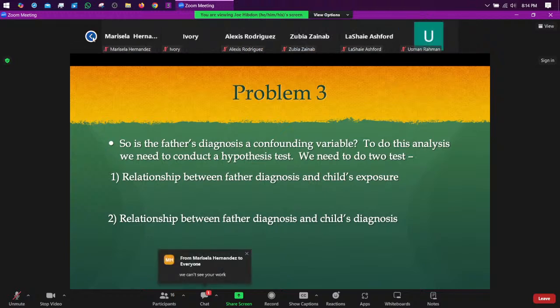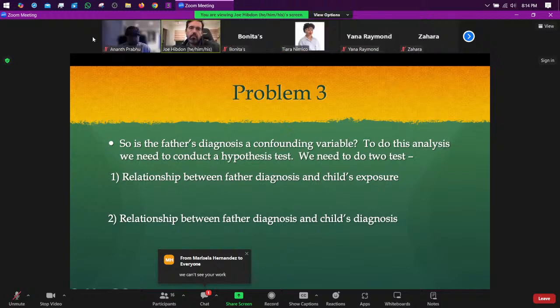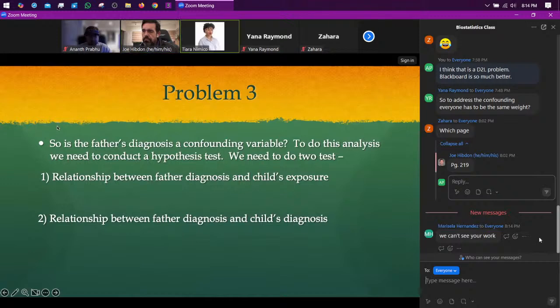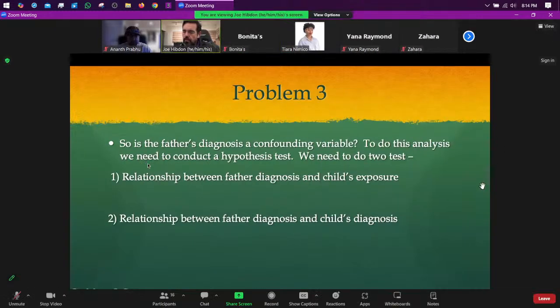Sorry. And the second one is between the father diagnosis and the child diagnosis. Yes. Father diagnosis. I'll just do it this way.